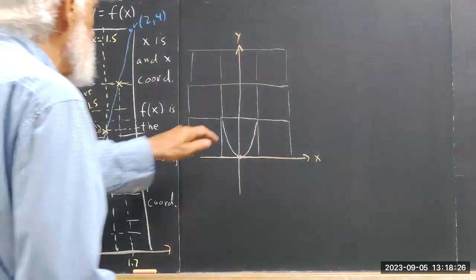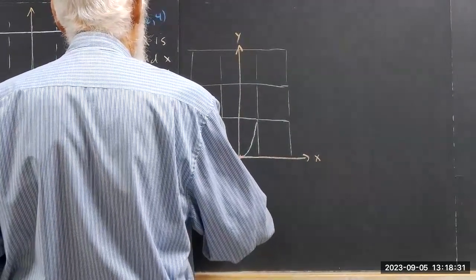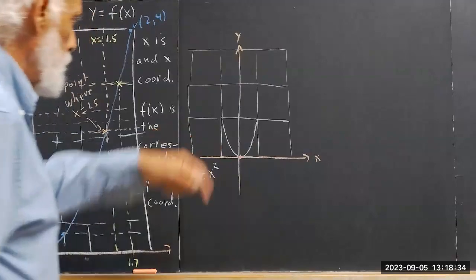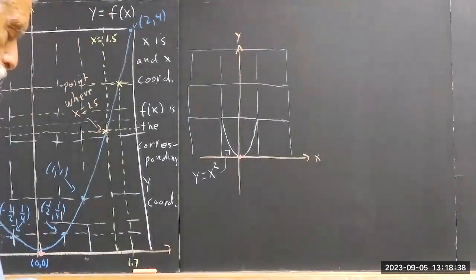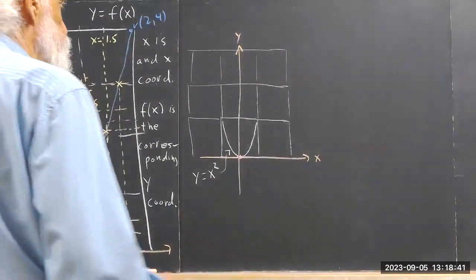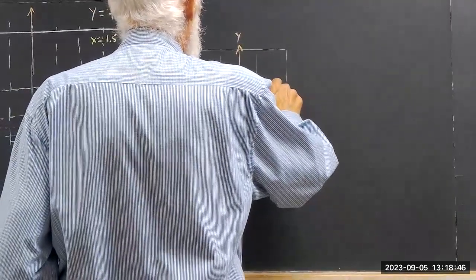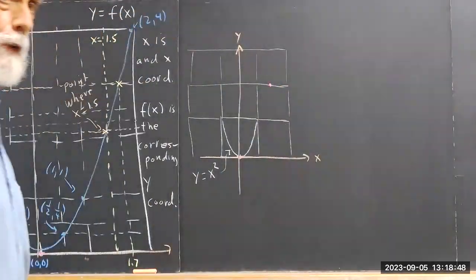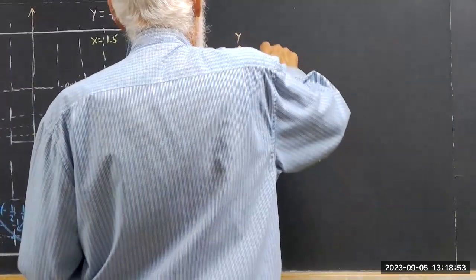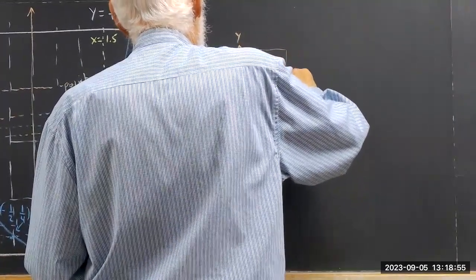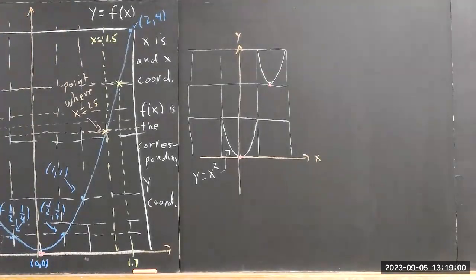Now, for this square, y equals x squared. If I move the red dot here, no longer at the origin, is it? Still have a nice parabola up here.